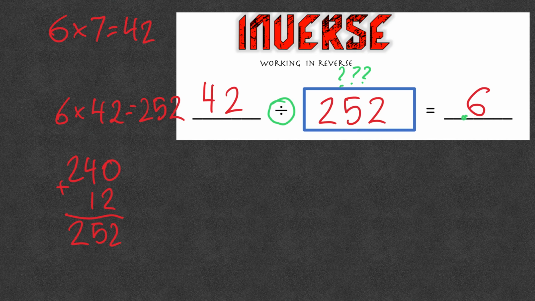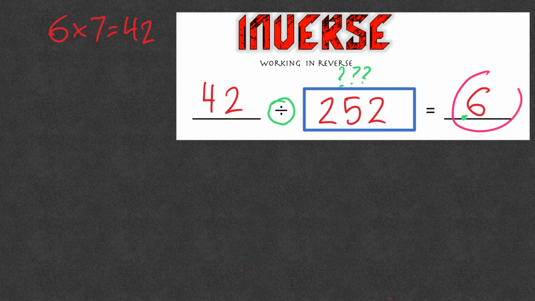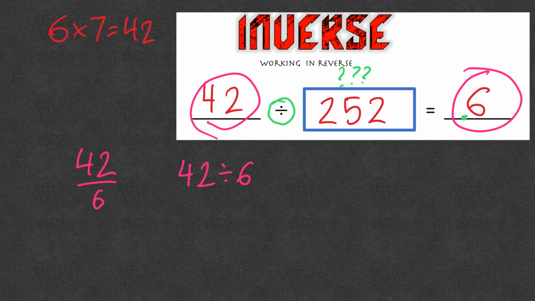So what I should do is I will now work in reverse. I will divide 42 by 6, or I could record it as 42 divided by 6.